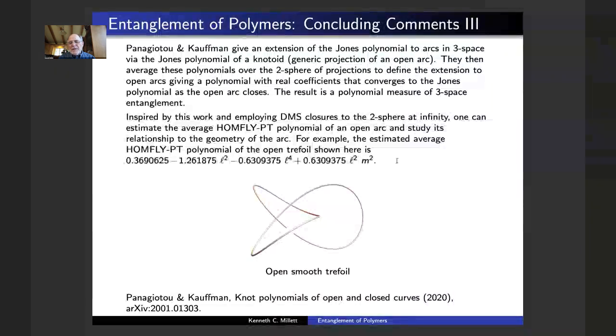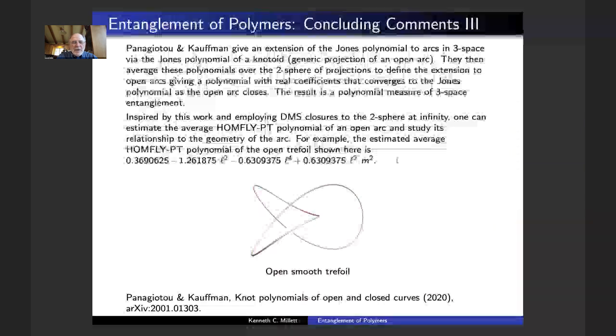So now I can, with my program, estimate the average HOMFLY polynomial of a spatial curve. What Eleni and Luke propose and can do is tell you the average Jones polynomial of an open curve.